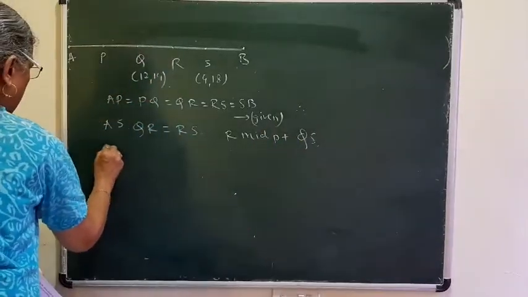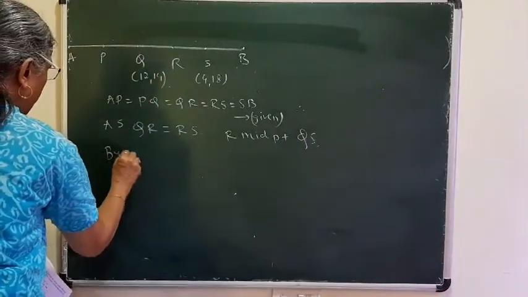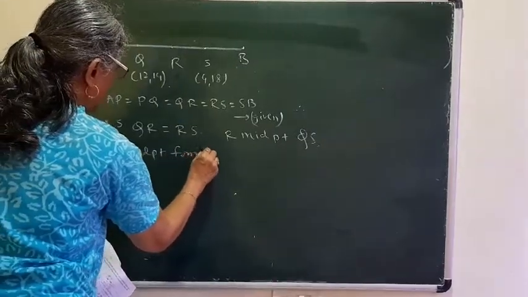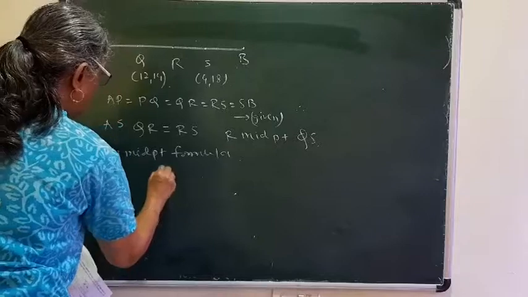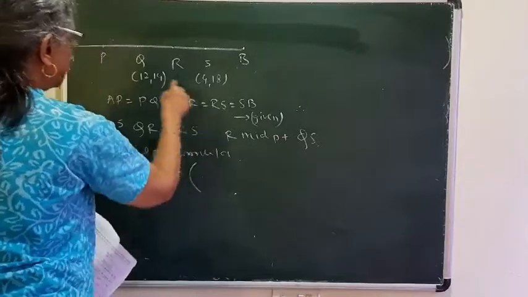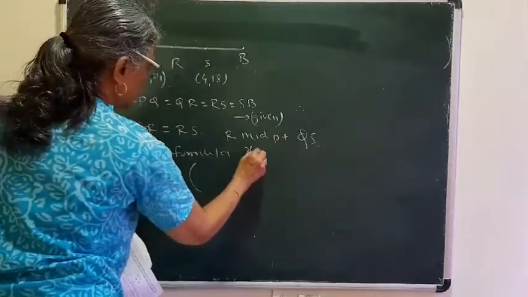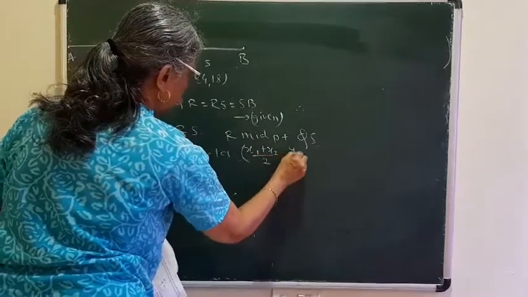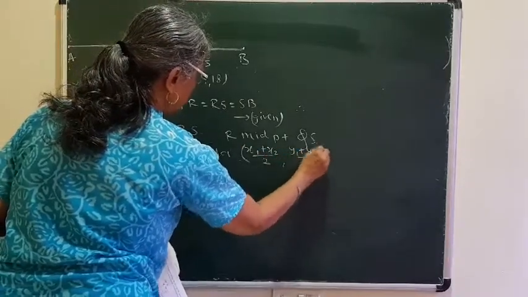Therefore, by midpoint formula, coordinates of R are x1 plus x2 by 2, y1 plus y2 by 2.